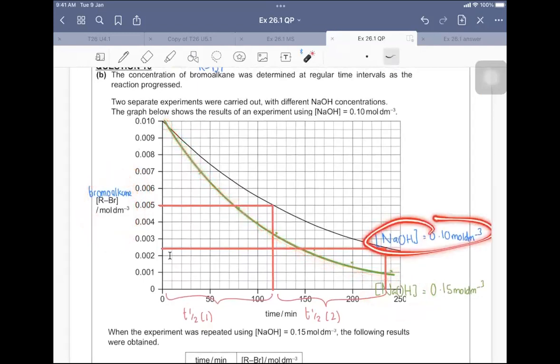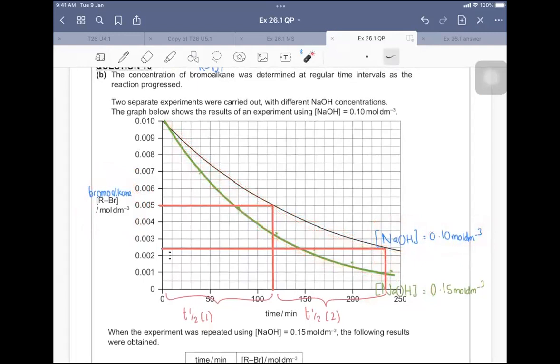Sodium hydroxide concentration is not plotted, but we know that initially this is how much sodium hydroxide you use, and this is how your concentration of bromoalkane decreases as the reaction proceeds.